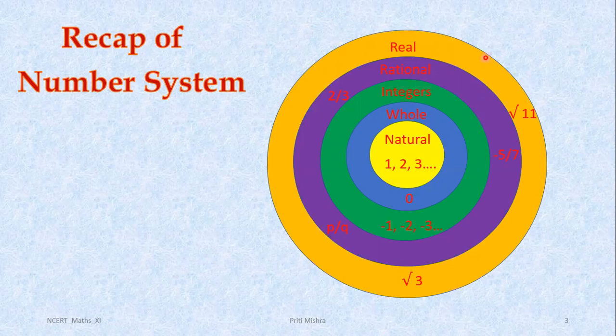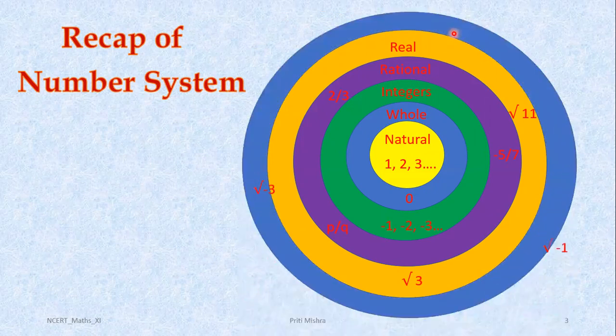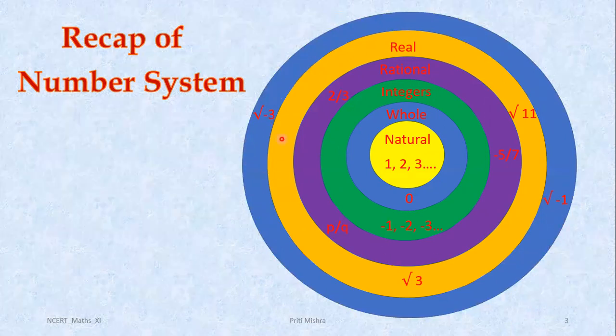But still we have missed some numbers which we didn't study till now. What are those numbers? Those are square roots of negative numbers, like square root of -1, square root of -3. We didn't study them till now. Such numbers are known as imaginary numbers.